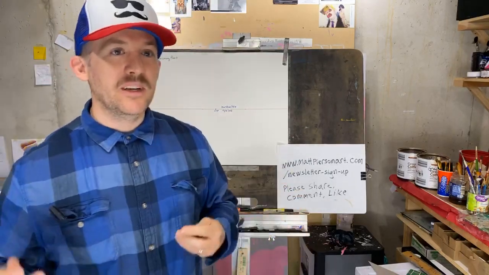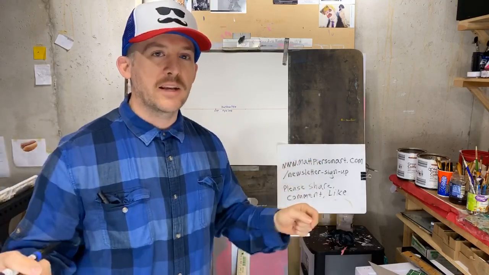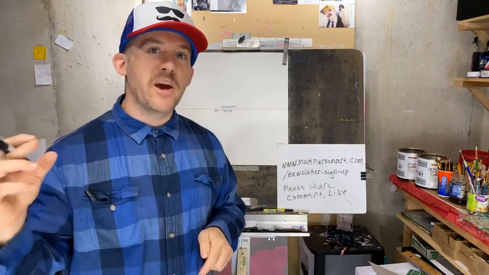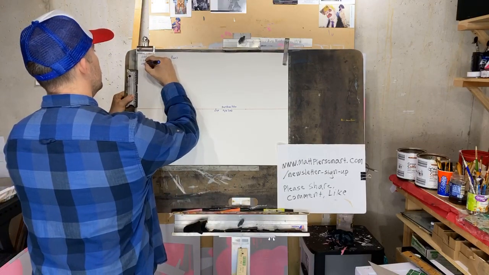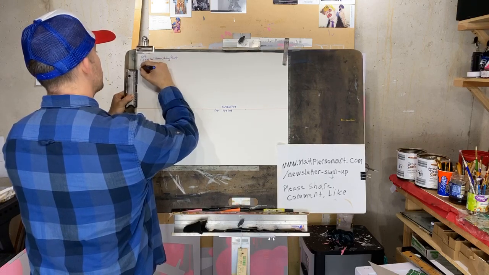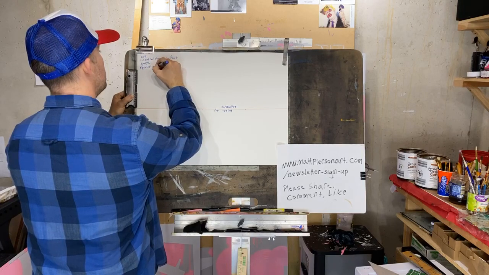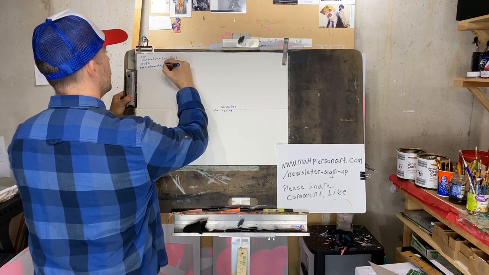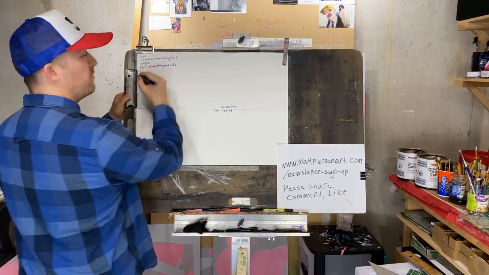Now we're going to implement two more points for our perspective. And that's going to be special vanishing point left, special, it gets pretty technical, vanishing point left, and special vanishing point right.